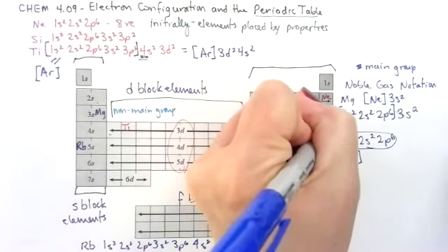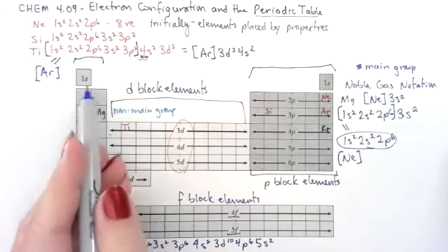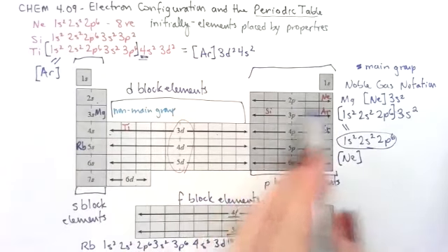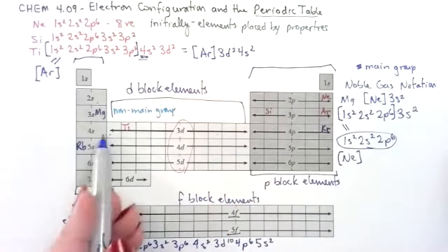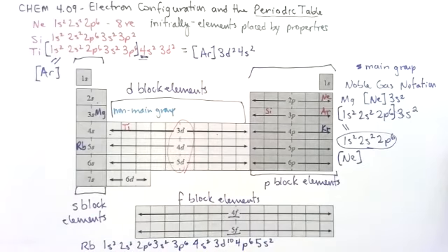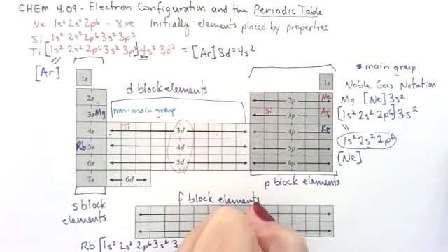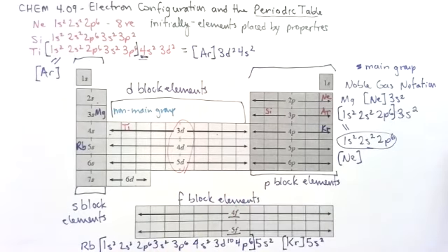If I was filling in krypton, I would have 1s2, 2s2, 2p6, 3s2, 3p6, 4s2, 3d10, 4p6, which is the same as all of this. So instead of writing all of that out, I can just write krypton in brackets, 5s2. Much faster.